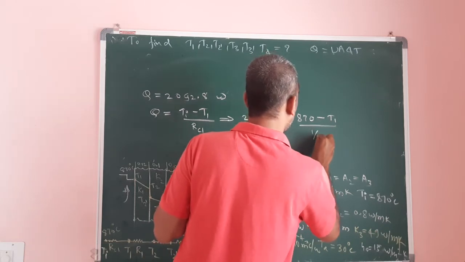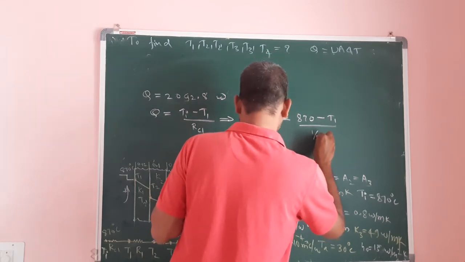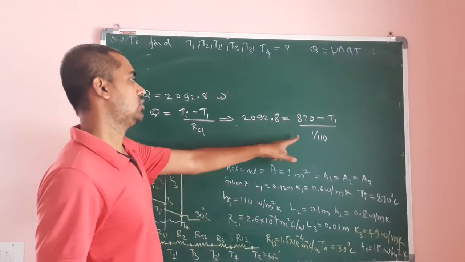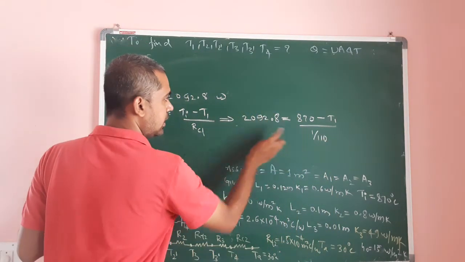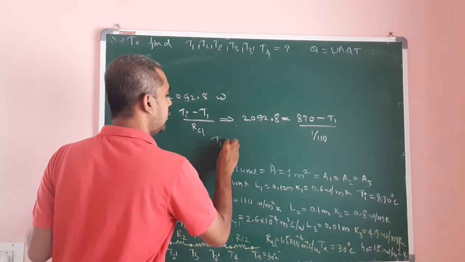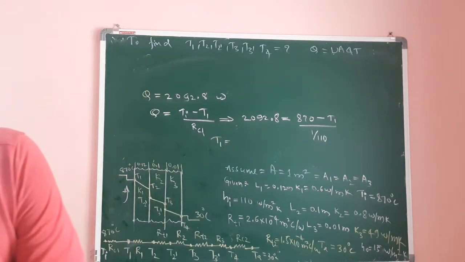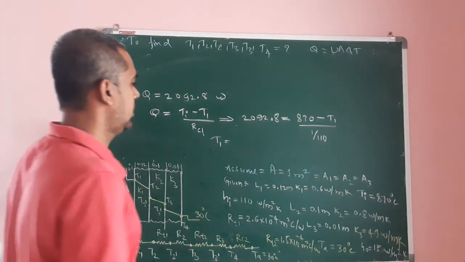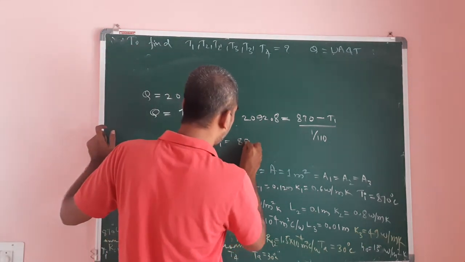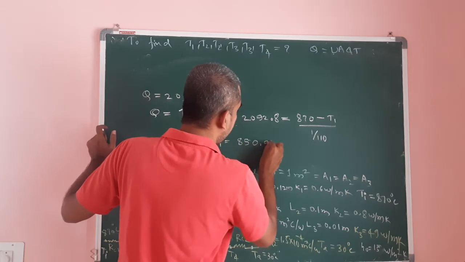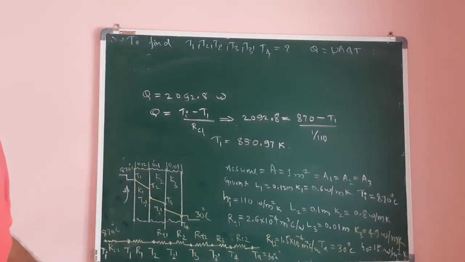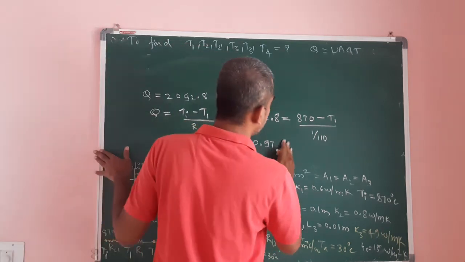RC1 is nothing but 1 divided by hi, and hi is 110. If you solve this equation, only T1 is unknown. T1 you will get as 850.97 degrees Celsius.